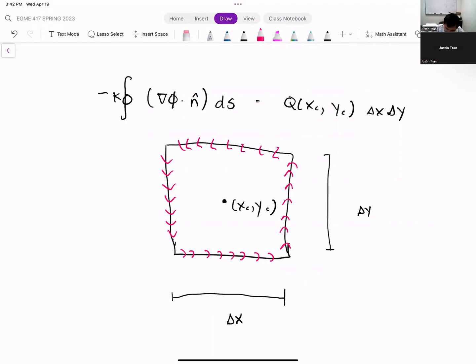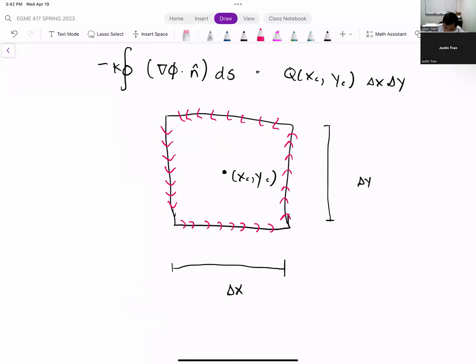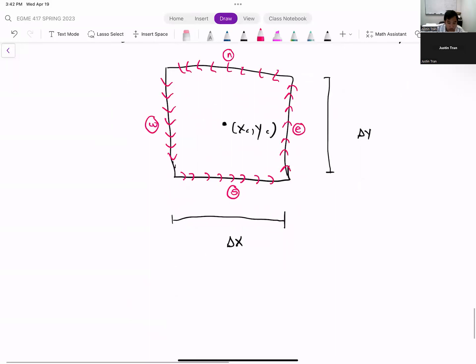One thing we can do is label each side of the cell. I usually call this the east face, this is the north face, the west face, and the south face. What we usually do is break up this integral into each of those different sides.